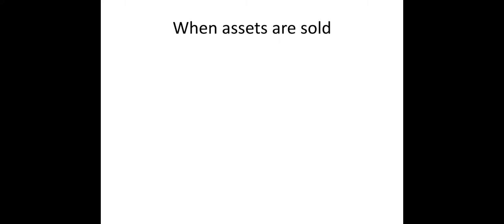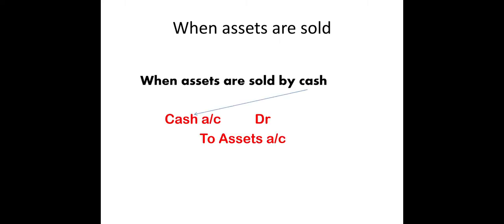So today in this video I am going to discuss with you transactions regarding selling of assets. Okay, here we go, student. First let me tell you the journal entry that we can write. When we sell assets by cash, suppose I sell furniture by cash or any asset, then effect number 1 will be cash comes in, and effect number 2 will be assets goes out.